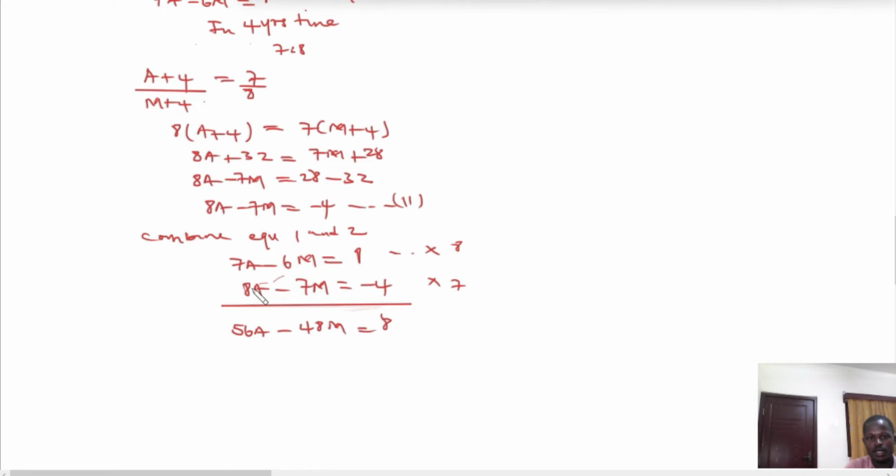Then 7 times 8 is 56A, minus 7 times 7 is 49M, equals 7 times minus 4, which is minus 28.